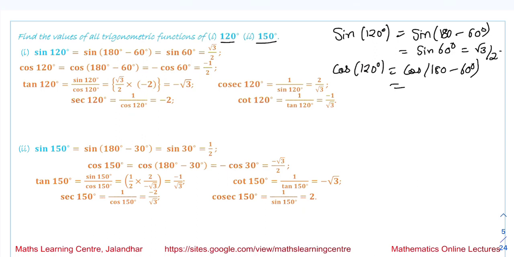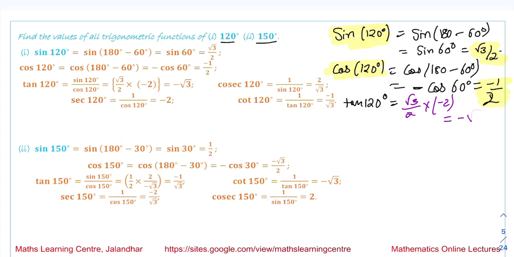So this lies in the second quadrant, so the answer will be negative, and it is minus of cos 60 degree, that is equal to minus 1 by 2. Next we have to calculate the value of tan 120 degree. So we have the value of sine 120 is root 3 by 2, cos 120 is minus 1 by 2. So the tan value is root 3 by 2 into minus 2. So the answer is minus square root of 3.